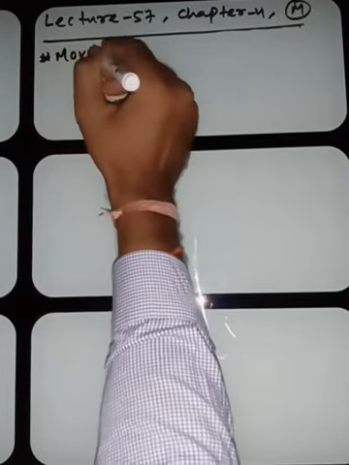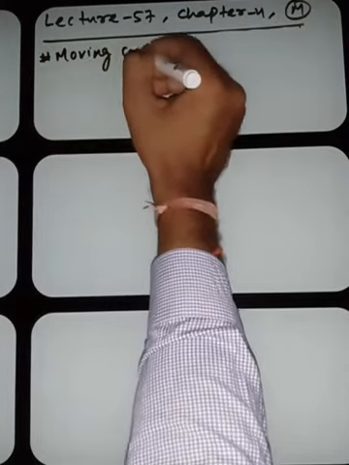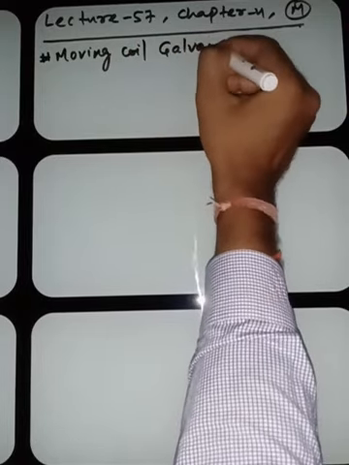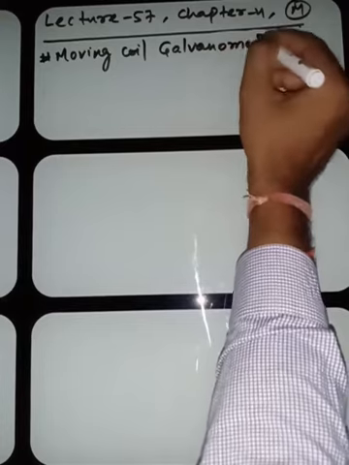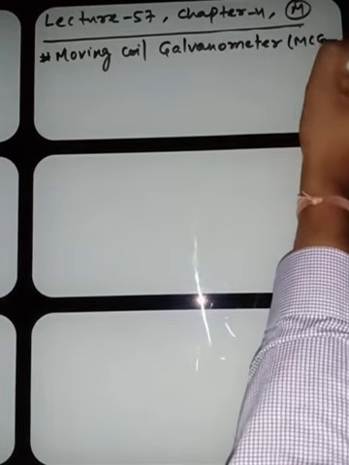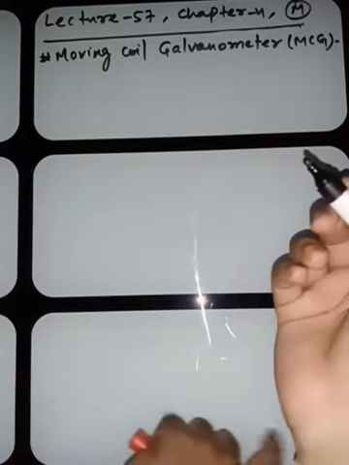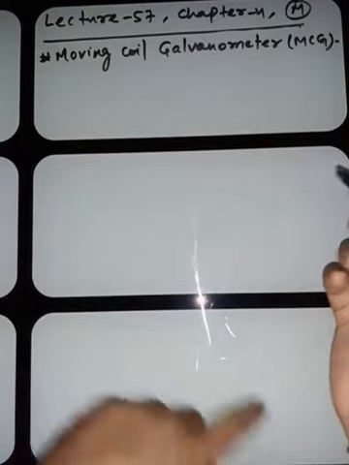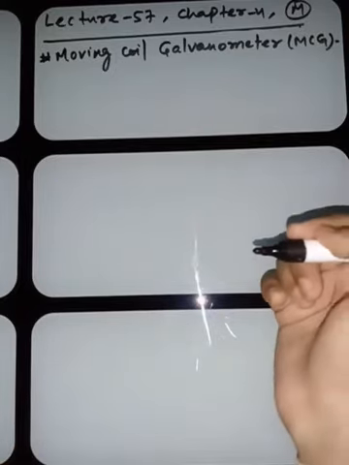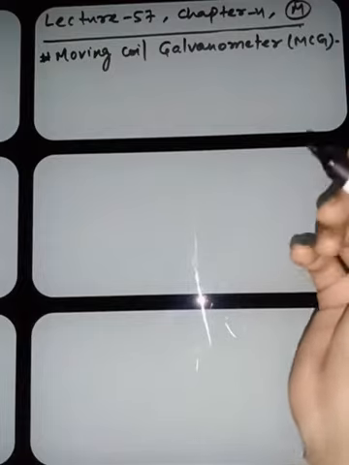Moving coil galvanometer, MCG. All right. Yes, there are a number of galvanometers in science, but we are focused on the moving coil galvanometer.